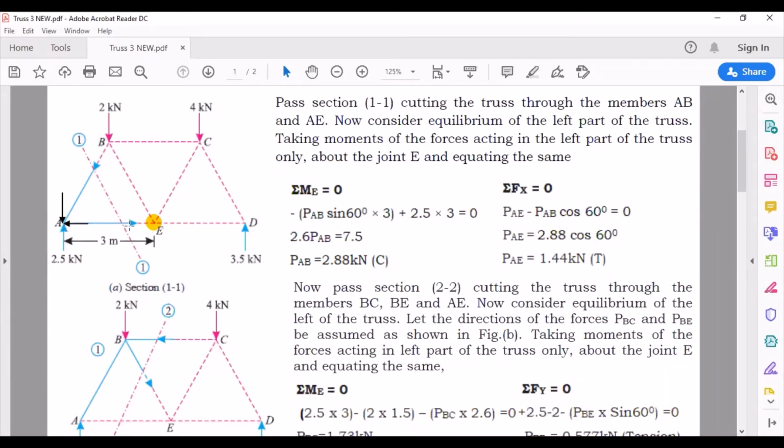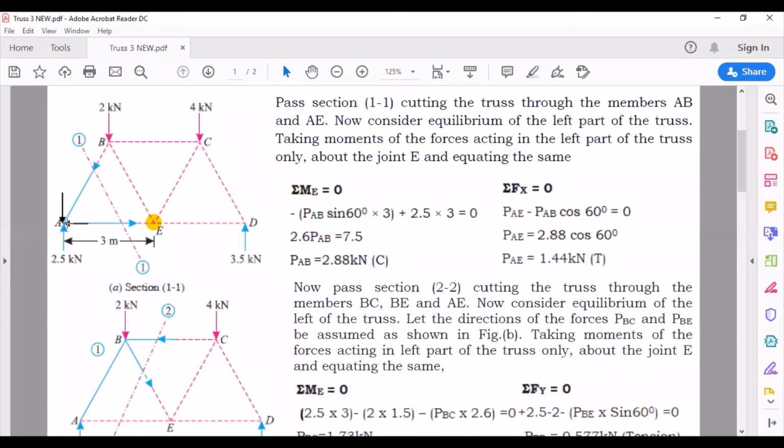So I'll be using sigma Fx. Now in sigma Fx, I'm going to take only the horizontal forces. Sigma Fx is the summation of horizontal forces, and the sign convention is right force positive, left force negative. So the first member force, that is AE, direction is rightwards, so it is positive, plus PAE.